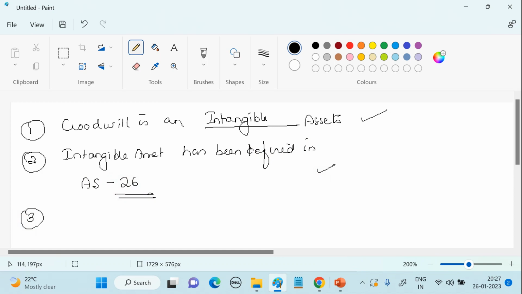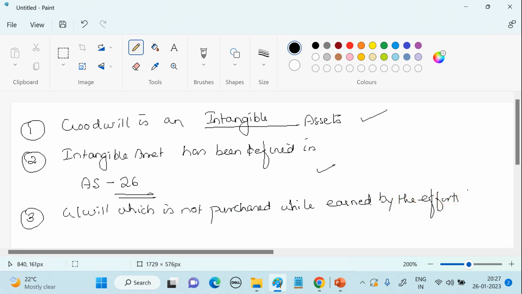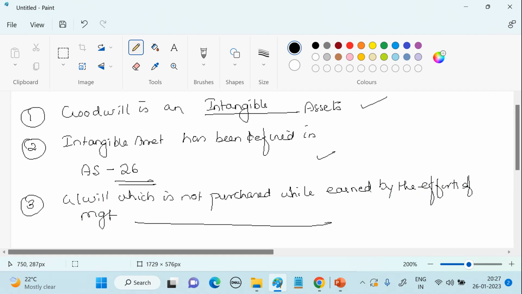Next. There are two types of goodwill. In that, goodwill which is not purchased but which is earned by the efforts of the management is called what? One is purchased goodwill.